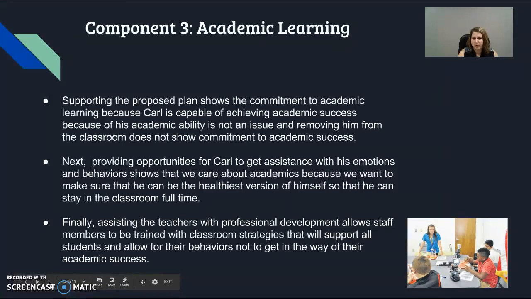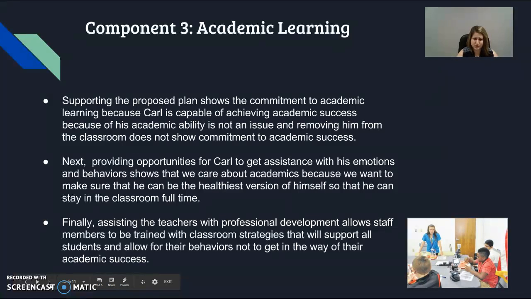Academic learning is important. We want Carl to continue to achieve academic success. So by keeping him in the classroom and letting him only have moments where he's out, that shows that we're committed to his academic success. We're also committed to the success of other students, because we want to make sure that they continue to learn and are not disrupted by one child's behaviors.